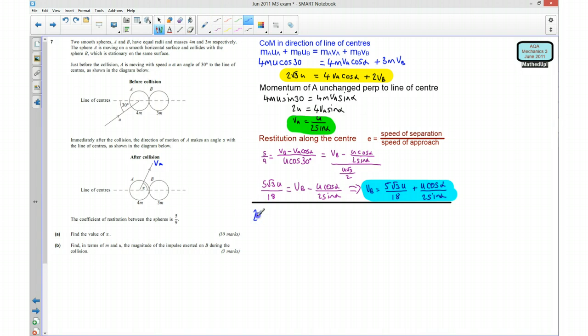Okay, so we've got 2 root 3 times u, and that's equal to, and we've got 4 VA cos alpha, but VA is u over 2 sine alpha, so that's going to be 4u cos alpha over 2 sine alpha, and I'm just going to write that straight down as 2u, and cos alpha over sine alpha is going to be cot alpha.